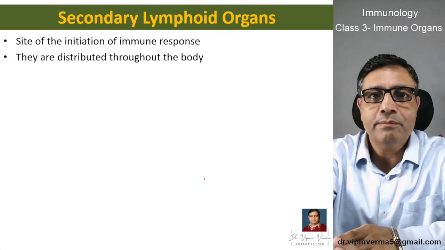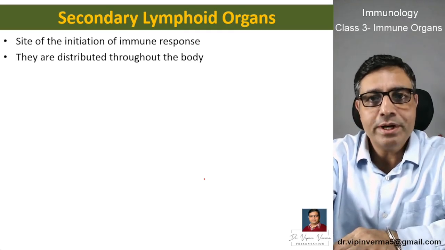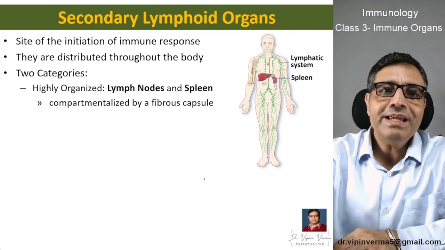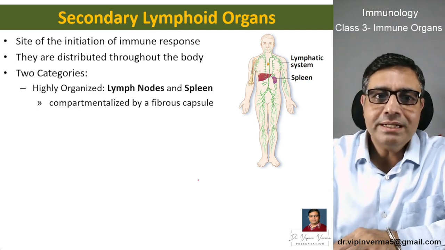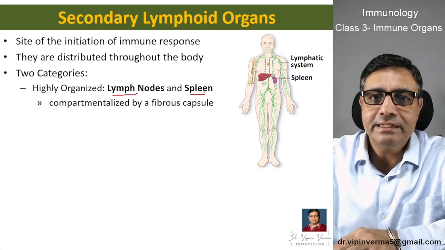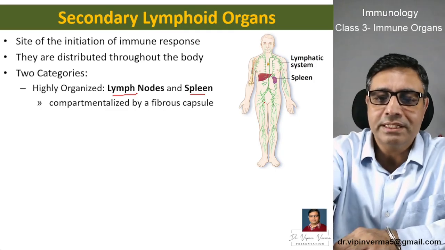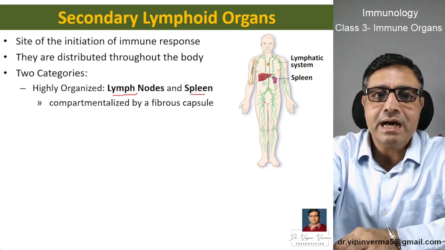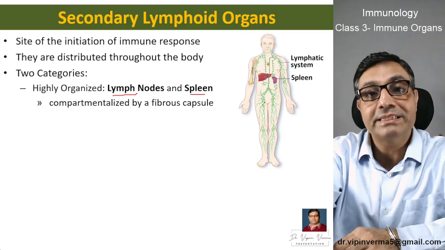You take any part of the body, you will find the secondary lymphoid organs, and we have two categories. One is the highly organized lymph node and spleen. Here you can see the whole lymphatic system, and these small dots are the lymph nodes, compartmentalized by fibrous capsules.